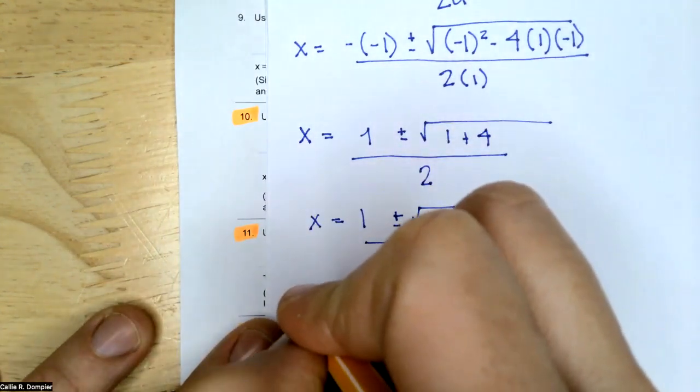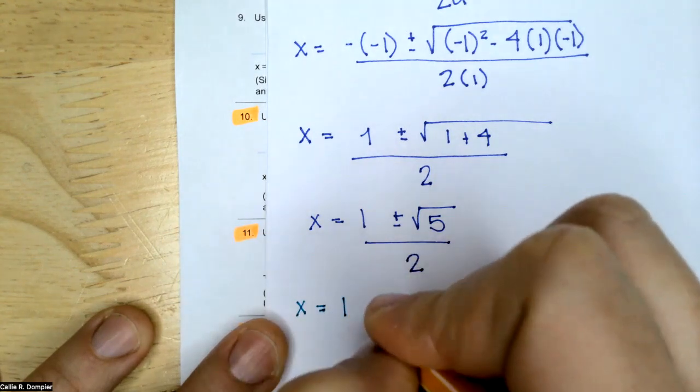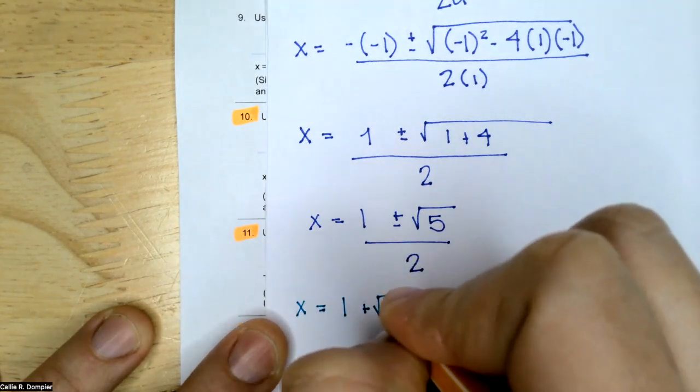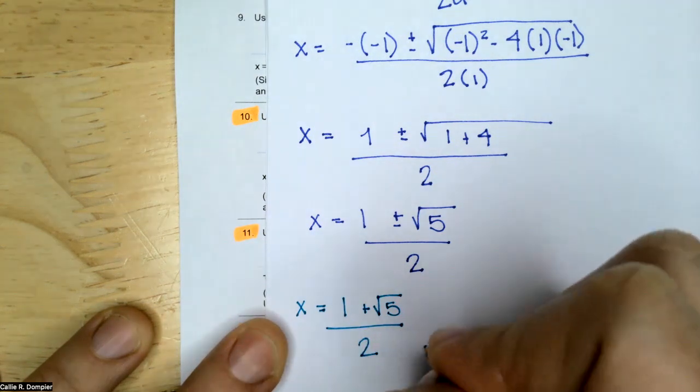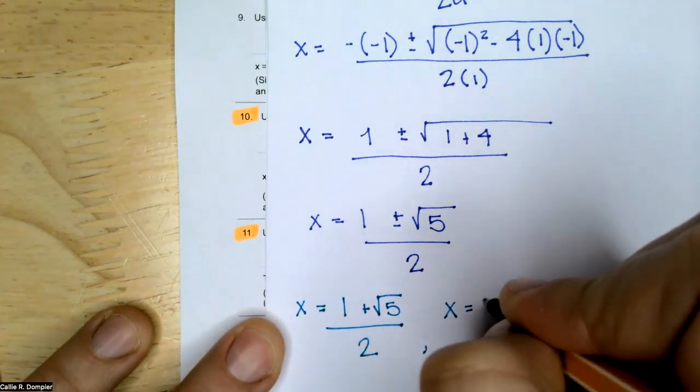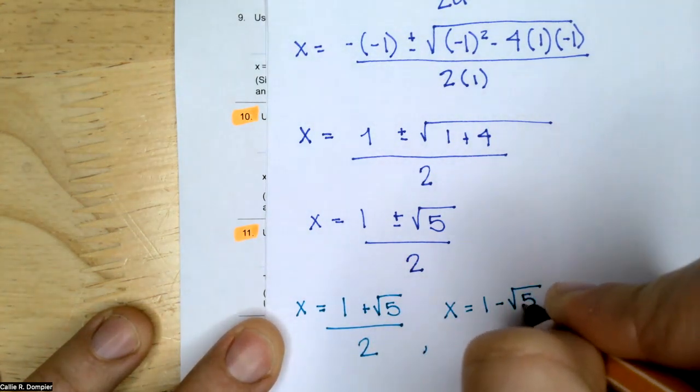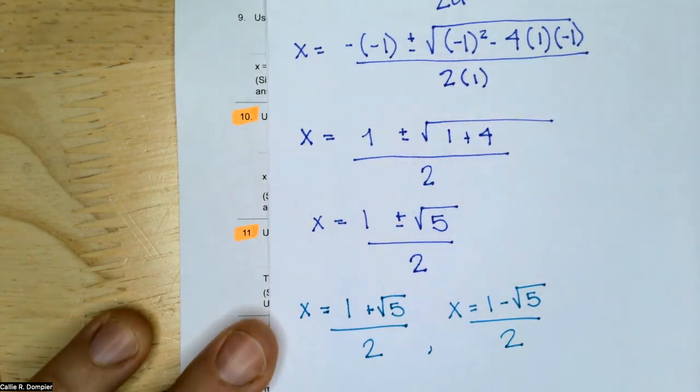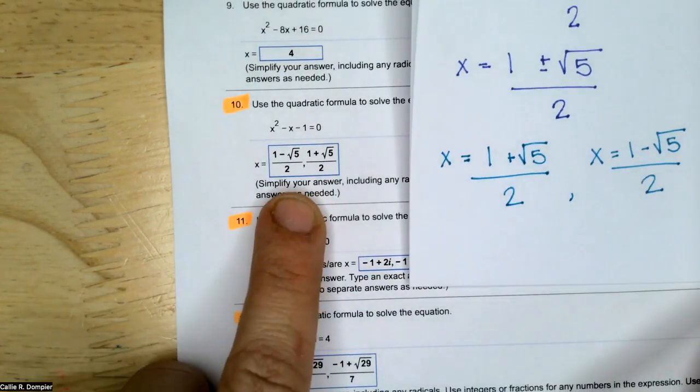Now we have x equals 1 plus the square root of 5 over 2, and x equals 1 minus the square root of 5 over 2. And if you notice, those are our two answers. That's as far as you can go.